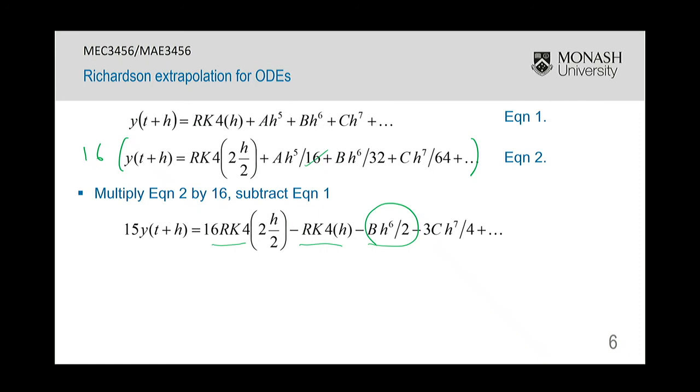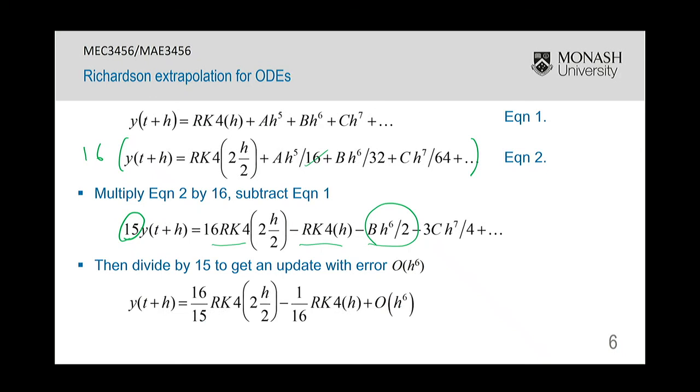So we have removed the h to the 5th error term. Then of course we just divide this by 15 to get rid of that term there, and we come up with the final solution. y of t plus h is equal to this expression down the bottom here, with step sizes of h on 2 and a step size of h.